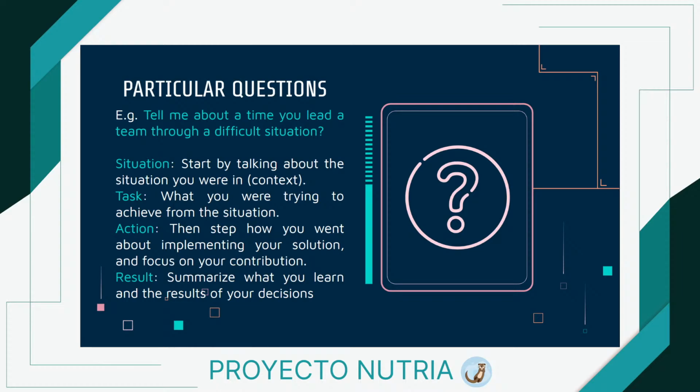The first one is the situation. For the situation, you need to start by talking about the situation you were in, and tell about the context. For example, let's say I'm giving a dummy example.